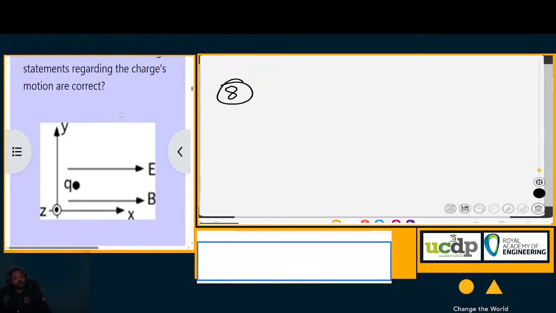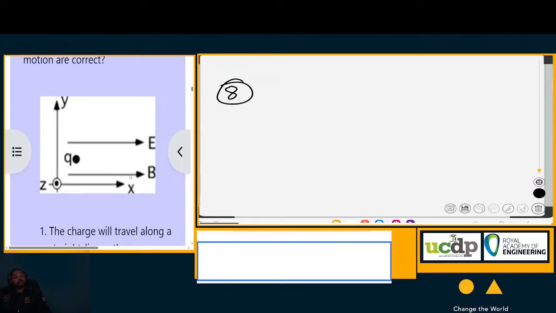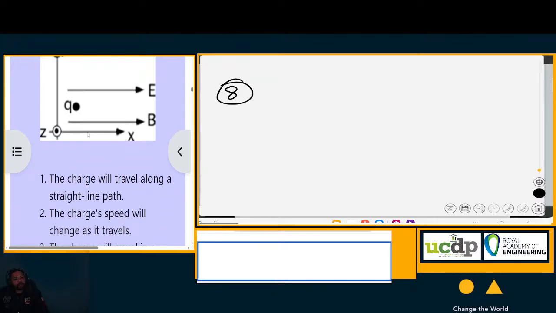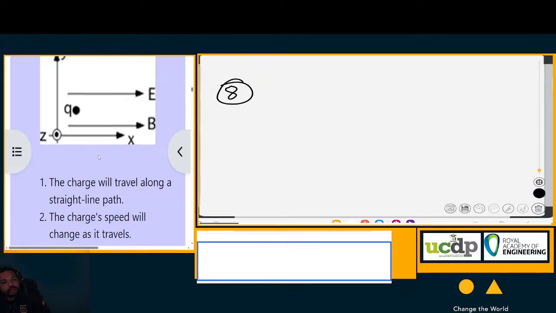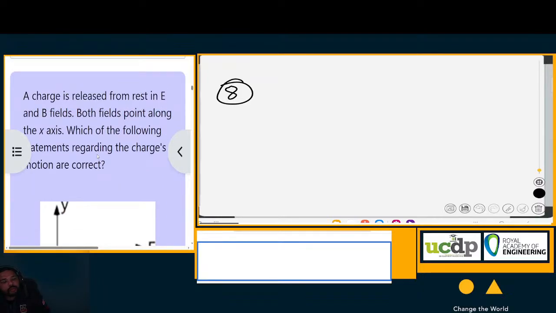Remember, the electric field will have a force parallel, while the magnetic field will have a force perpendicular to the magnetic field. So how will the charge travel? Okay, the magnetic force. It's released from rest.